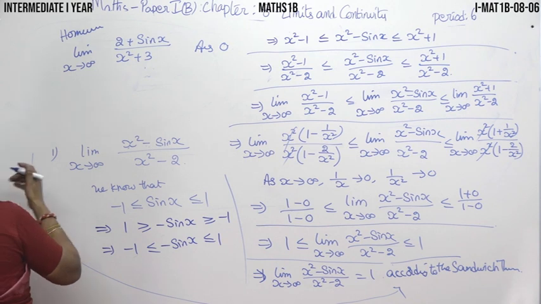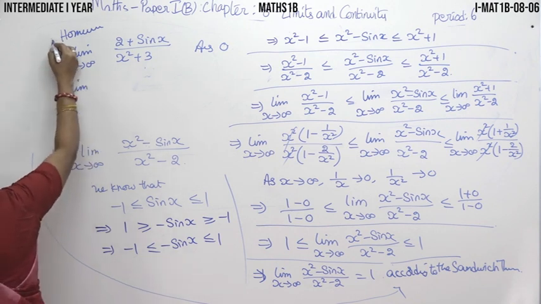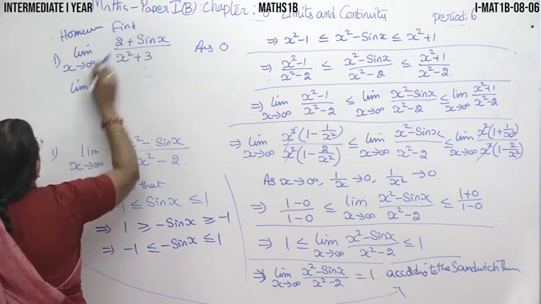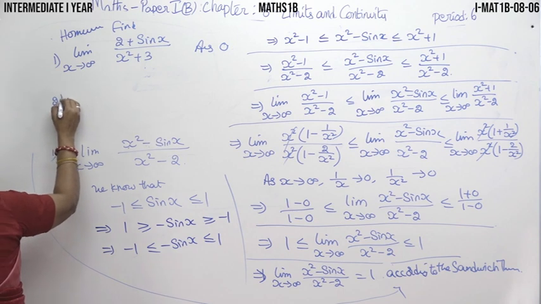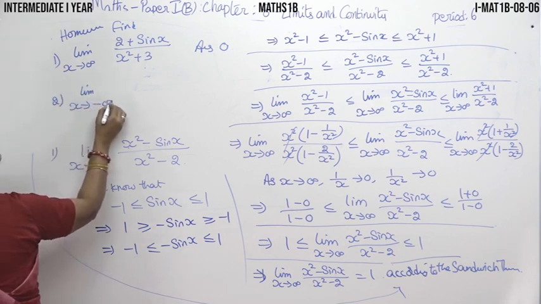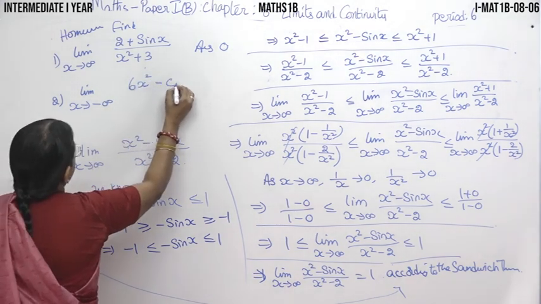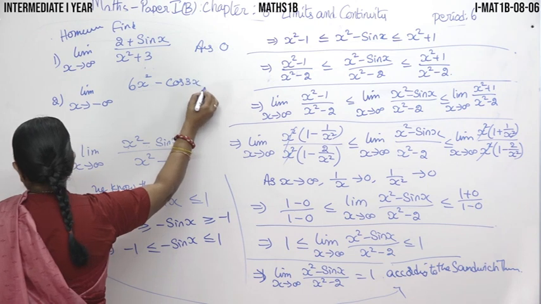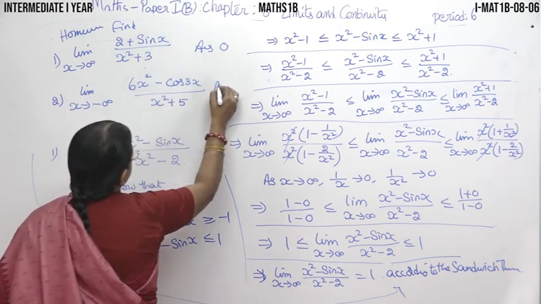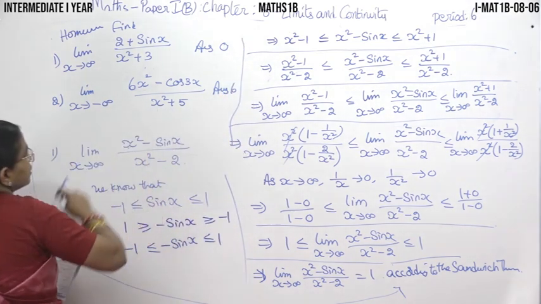And then even this problem, first find the limits. Now second problem, limit as x tends to minus infinity, whether it is plus infinity or minus infinity, the procedure is same: (6x square minus cos 3x) by (x square plus 5). So the answer is 6. Answer is 6. You can try this problem.